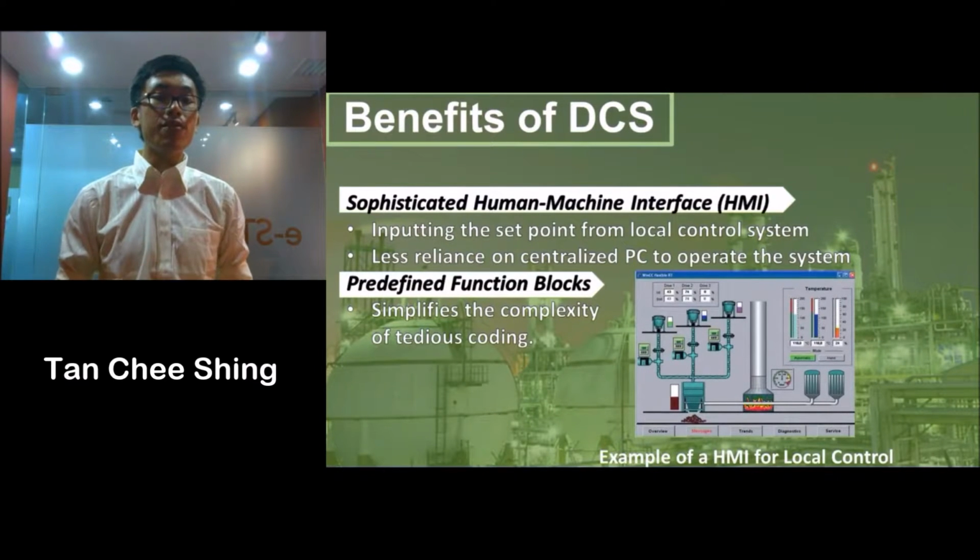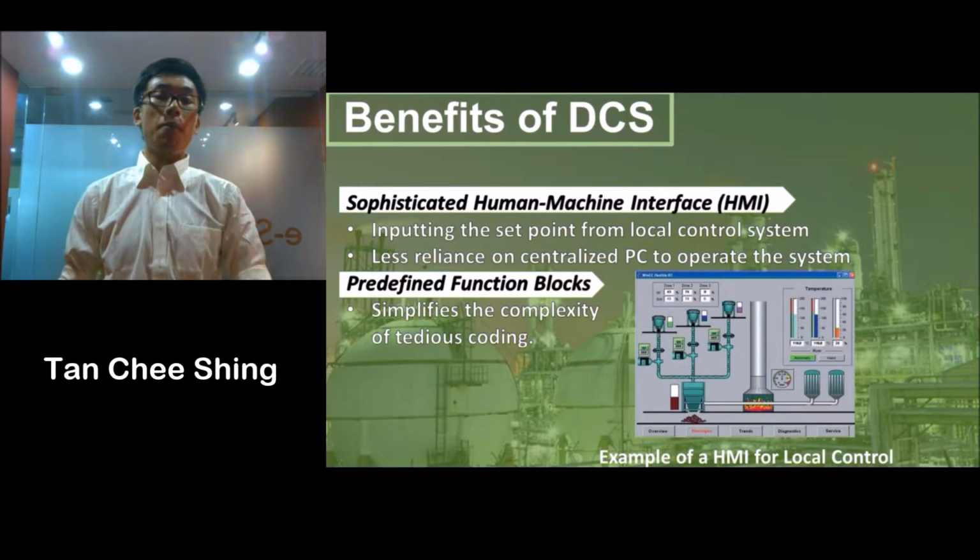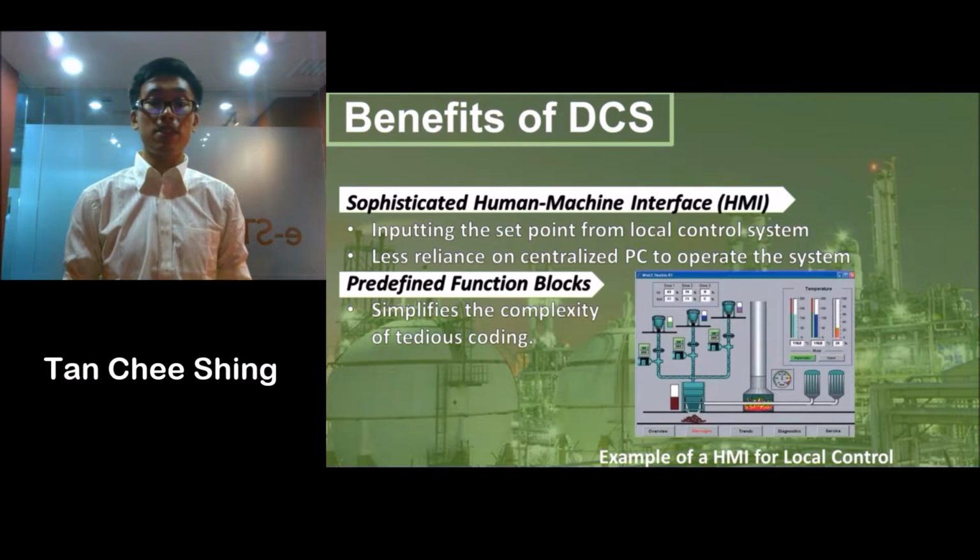Aside from that, predefined function blocks simplify the complexity of tedious coding and thus give a simpler system. Apart from that, DCS has sophisticated human-machine interfaces, as described before, HMI, that is capable of inputting the set point rather than needing to rely on the centralized PC to operate. In short, DCS simplifies the controlling system of a processing plant by distributing it on the local level.